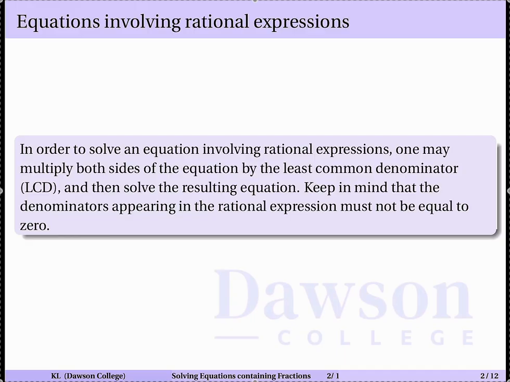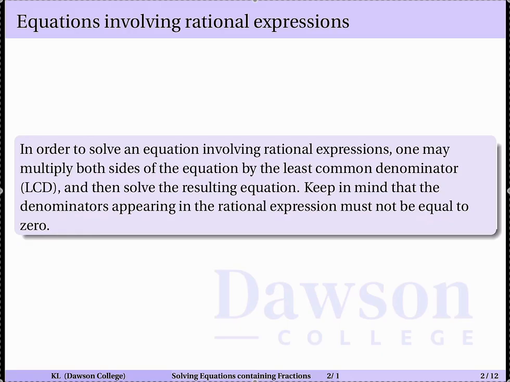So, in order to solve an equation involving rational expressions, one may multiply both sides of the equation by the least common denominator, or LCD, then solve the resulting equation. Now, keep in mind that the denominators appearing in the rational expressions must not be equal to 0.